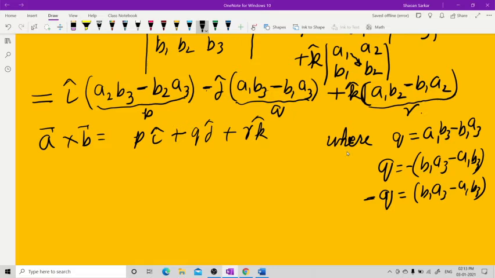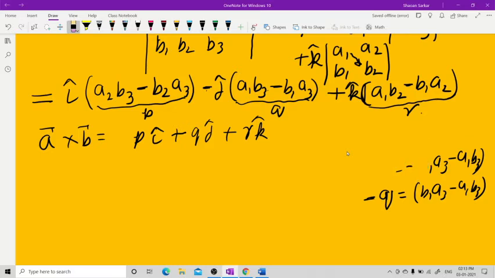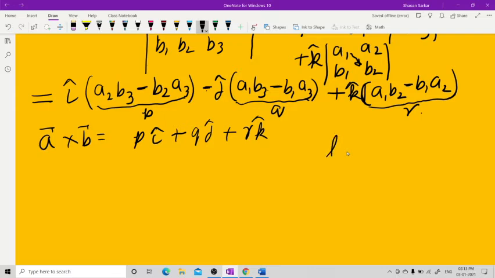Rather, instead of making these complications for you, let's forget all this. Let us consider the minus of the whole thing. Let Q equal to minus, let me write, A1B3 minus B1A3.